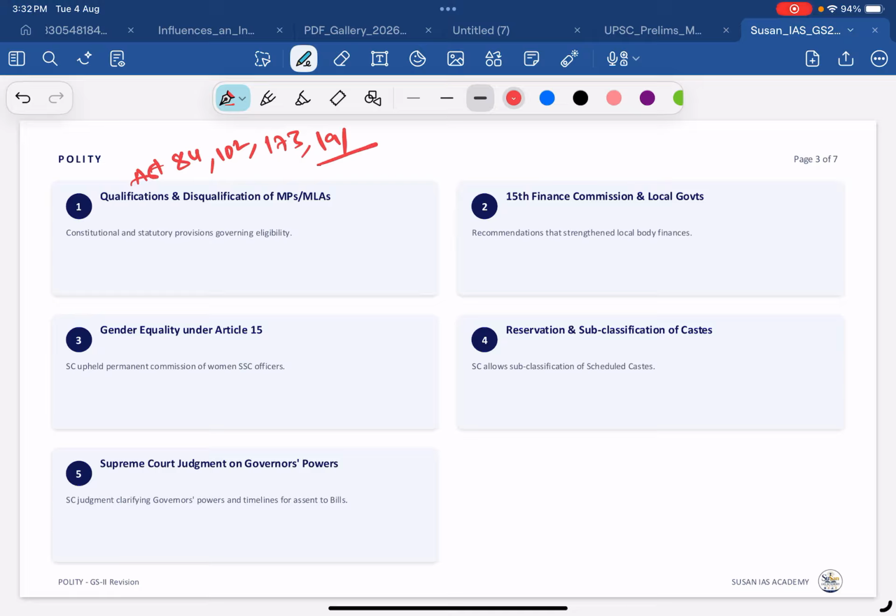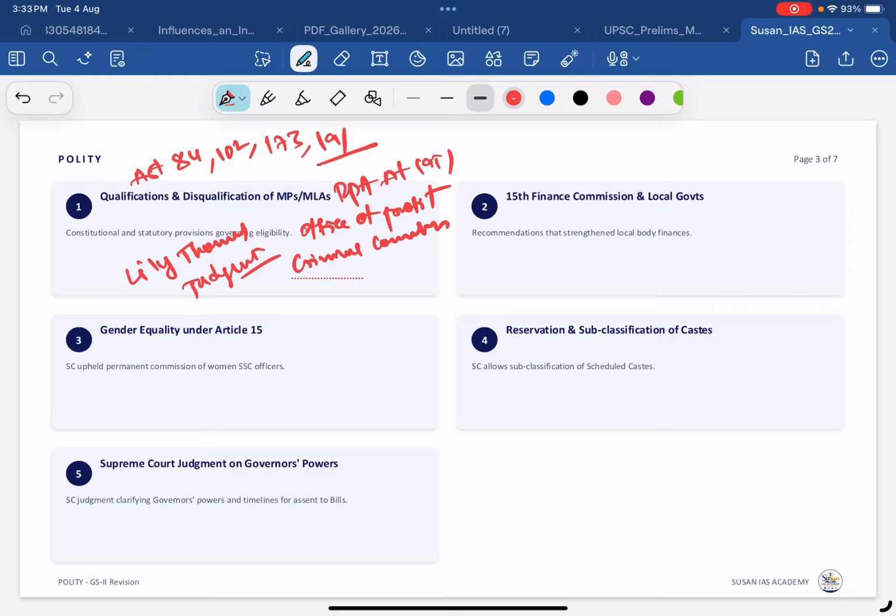So one has to refer to the RPA Act also, the RPA Act 1951, and Office of Profit, Criminal Conviction. And what are the decision making authority, and the Lily Thomas judgment, has to be referred to in their answers.